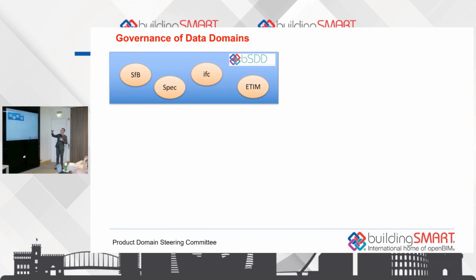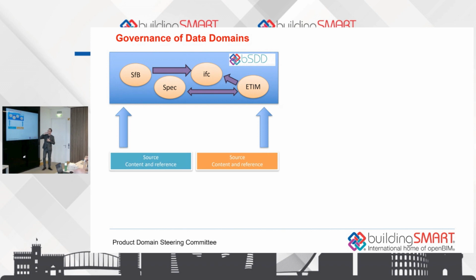And the blue stuff is what buildingSMART has control over. So there's connections between those. It's the main thing that buildingSMART Data Dictionary does. And of course, they can set rules on how to push your data into it. So the structure of your data going into the data dictionary, that's where they have a say.